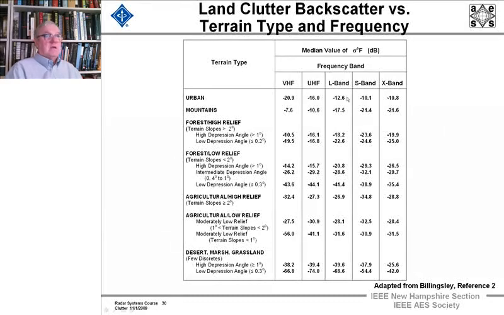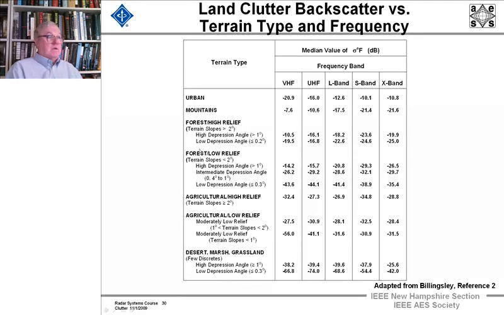And here we see the numbers for sigma 0 for these different regions. And we know, as we'd expect, that urban clutter has a much higher sigma 0 than low depression angle desert, marshland, or grassland, a 31 to 32 dB difference.